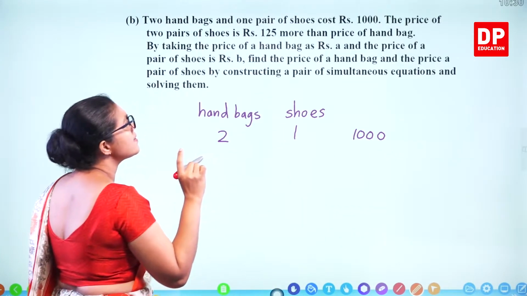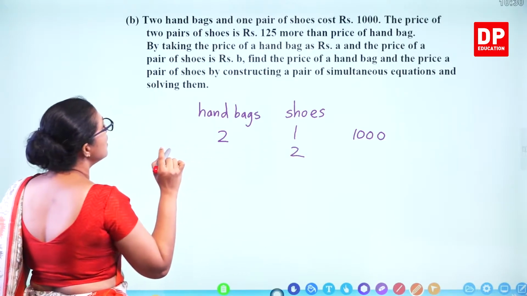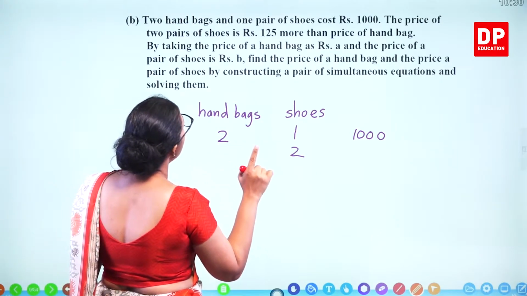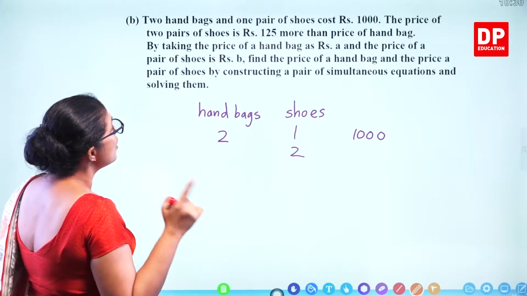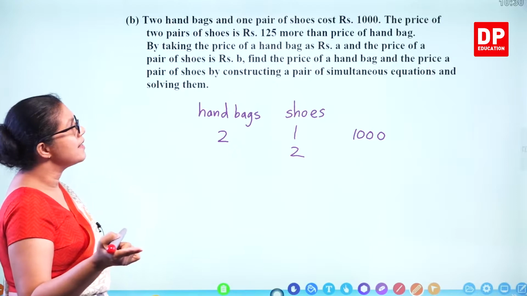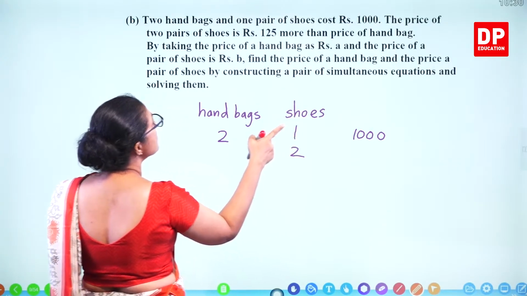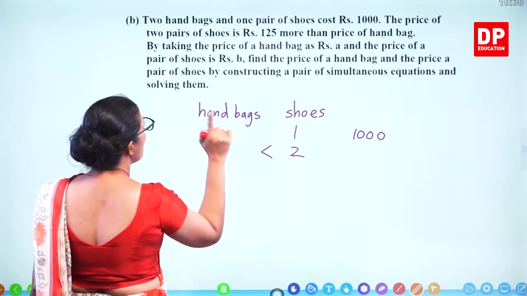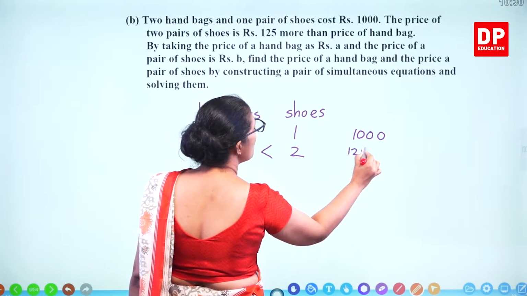The price of 2 pairs of shoes is 125 more than the price of 1 handbag, that's 125 more.